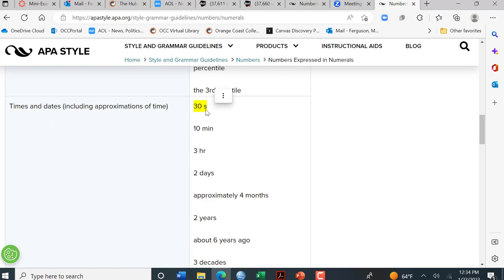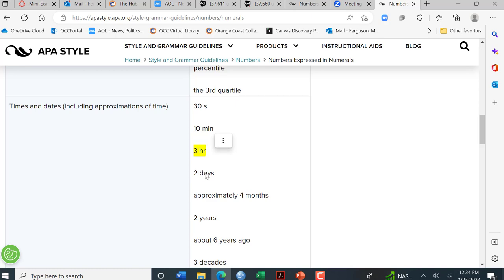Also note here that s is the approved, accepted abbreviation for seconds. 10 min, minutes. This is the accepted abbreviation in APA for minutes. Same with 3 hours, so 3 is under 10. Normally you'd write it out, but because it is a time, you use the numeral. And here again, this is the accepted abbreviation for hours. Notice that there's no s, we don't pluralize it.